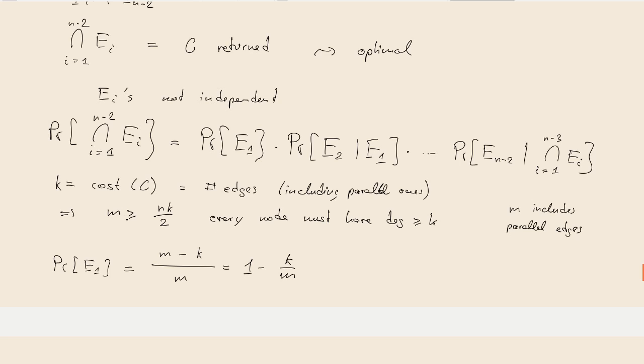And since we have this bound here, we can simplify that to this. We're including the parallel edges for sampling.